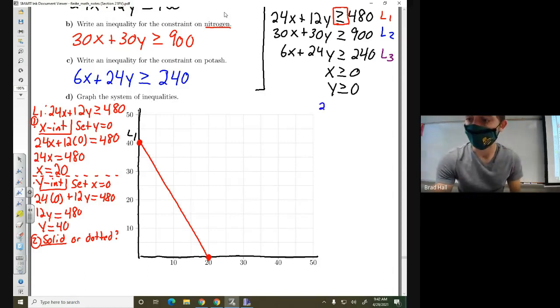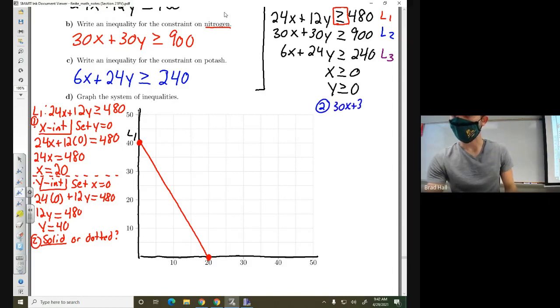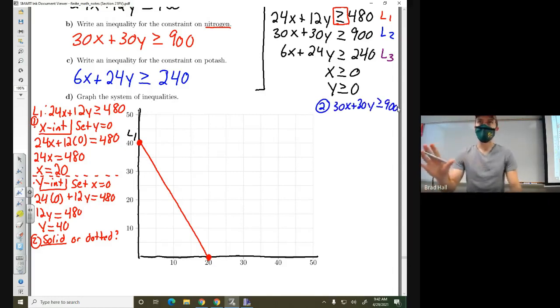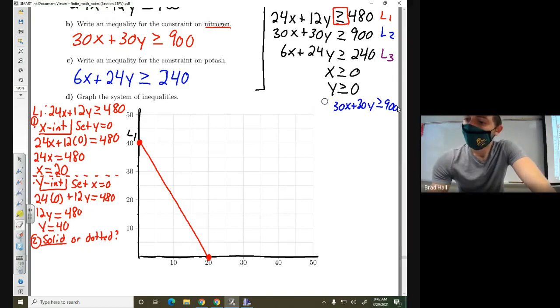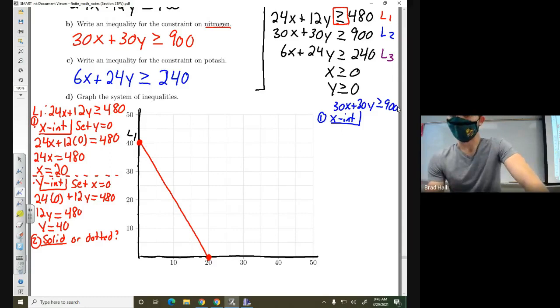So we're going to move on to the second line, which is 30x plus 30y is greater than or equal to 900, and do the same exact process. The first step is to find the intercepts. I'm just going to skip through this a little bit.